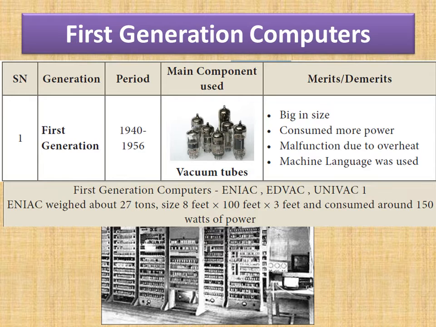On the picture you can see the first computer, that is our ENIAC. The expansion for ENIAC is electronic, numerical, integrator and calculator. I repeat, electronic, numerical, integrator and calculator. And it was invented by J. Presper Eckert and John Mauchly at the University of Pennsylvania.